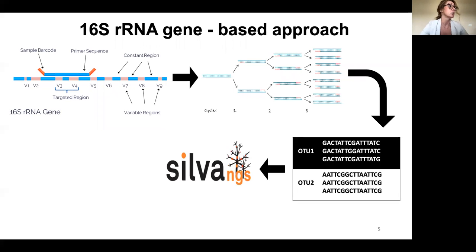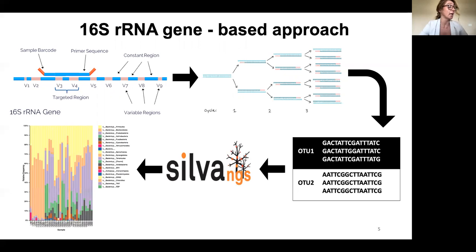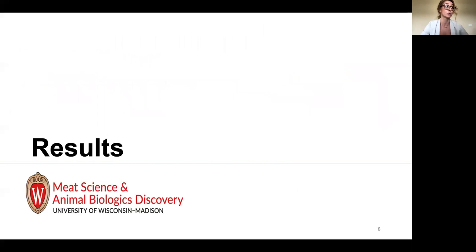Then, using the Silva Genes database, we were able to identify these observed taxonomical units and visualize the output generated via taxa plots. Further, we statistically differentiated the taxa using analysis of composition of microbiomes, or ANCOM. This brings us into the results.